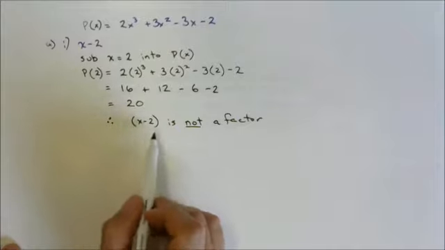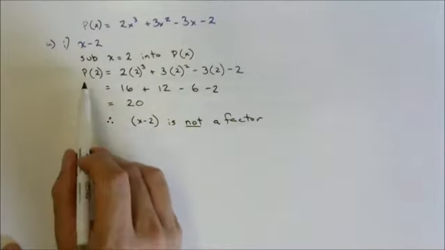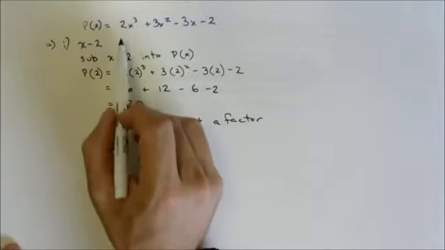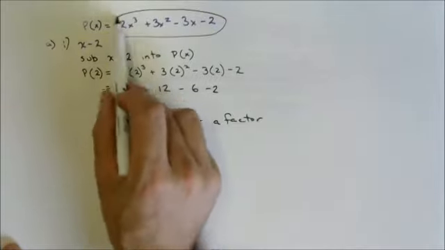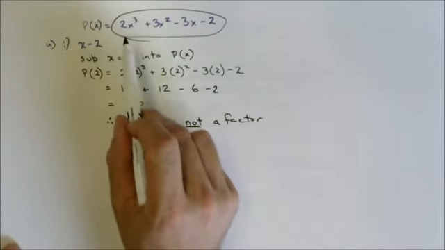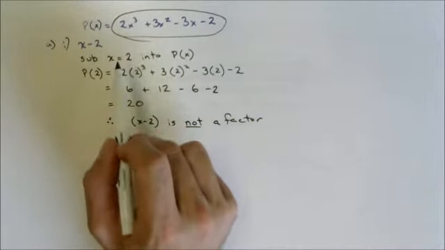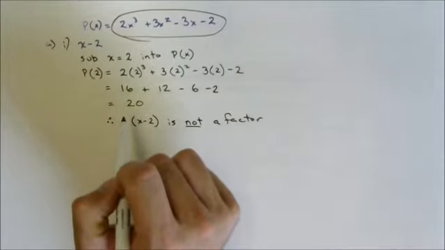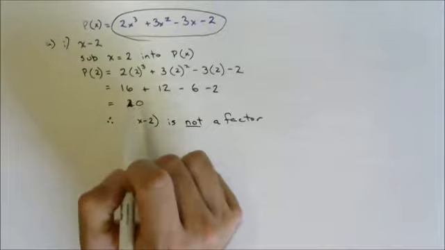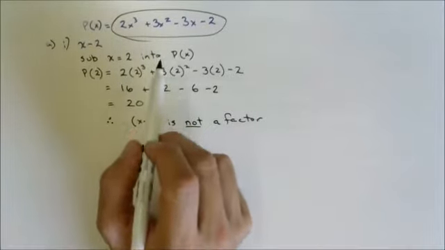We now know that x minus 2 is not a factor because p of 2 is not 0. But as soon as we find that first factor, we can use our skills to divide this out by that factor. It'll leave us with a quadratic, and we know how to factor quadratics without this method. The only thing you know how to factor right now is a quadratic, when it's given in this form, at least.